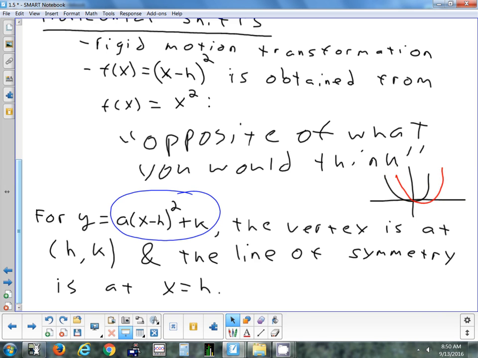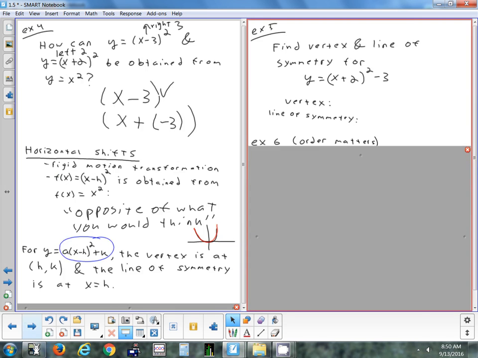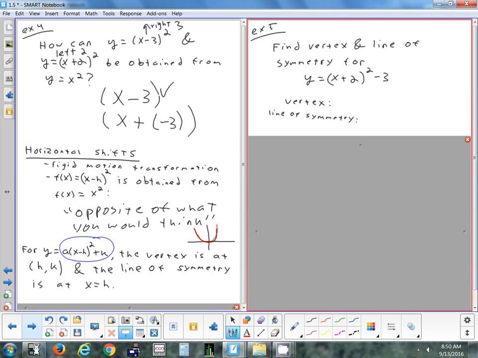All right, and what about the k value for my vertex? What is it? Yeah, negative 3. So in this case, the vertex has been shifted left 2, down 3. Remember, opposite of what you would think. You see plus, you might want to think it goes towards the plus, the right side, but it doesn't. It goes left 2.